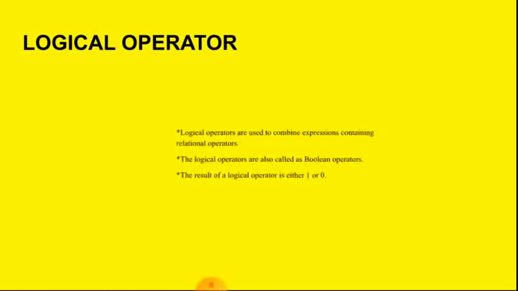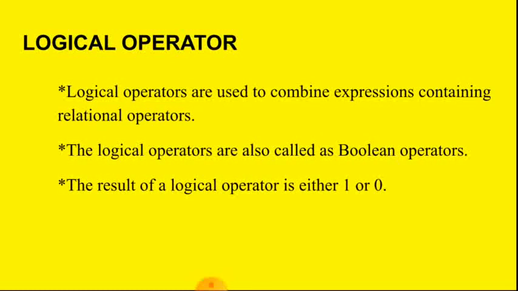Next is logical operator. Logical operators are used to combine expressions containing relational operators. The logical operators are also called as Boolean operators. The result of a logical operator is either 1 or 0.